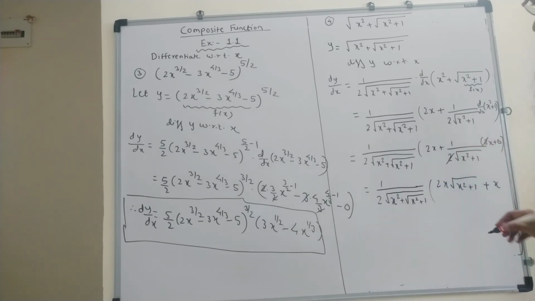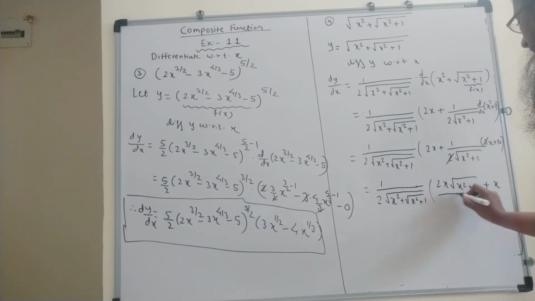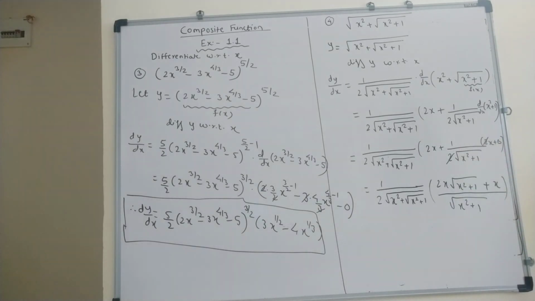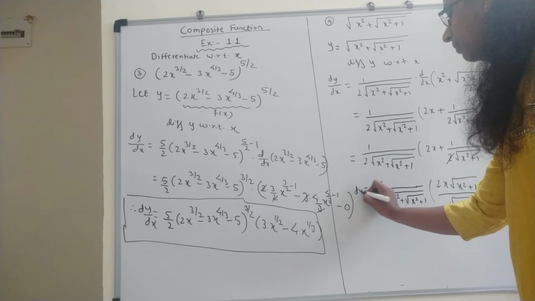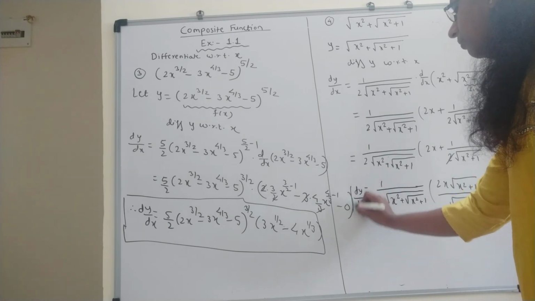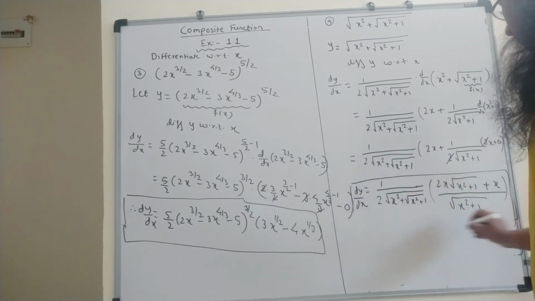The whole term divided by the LCM, that is root of x square plus 1. Now further you may take x common, and finally you write down your answer in simplified form. So this is your dy by dx value.